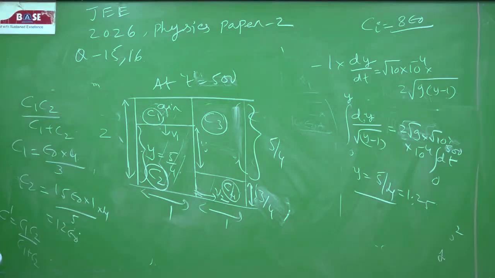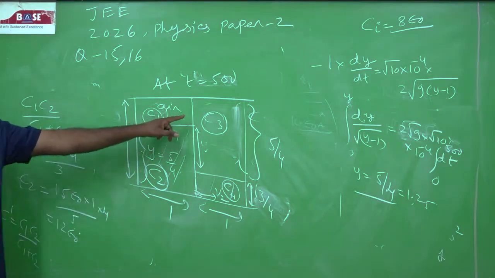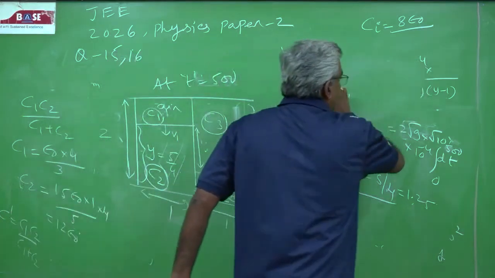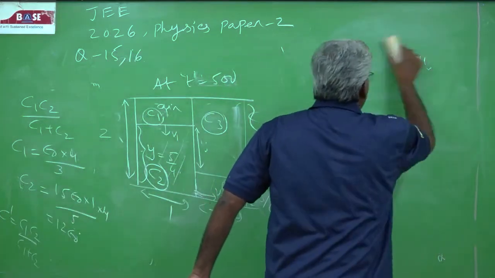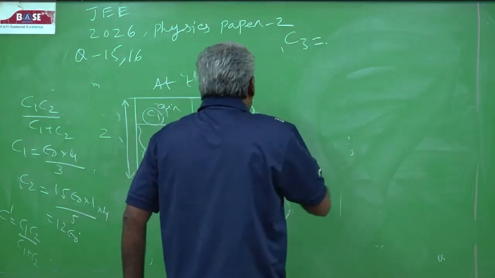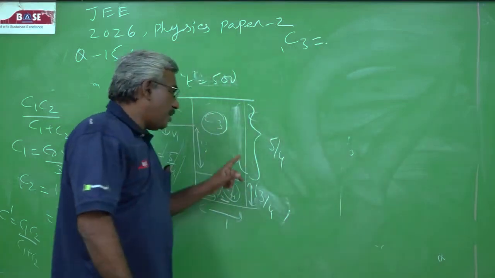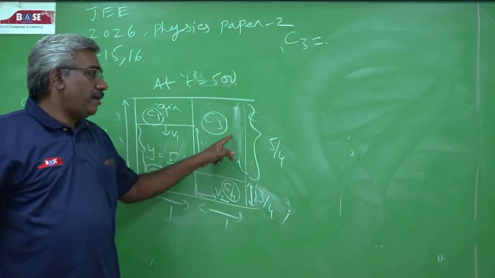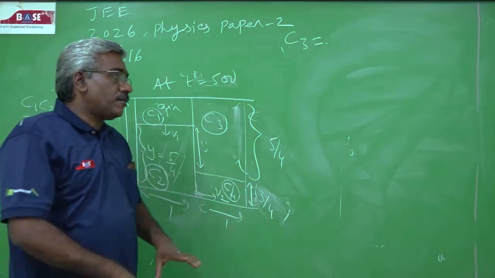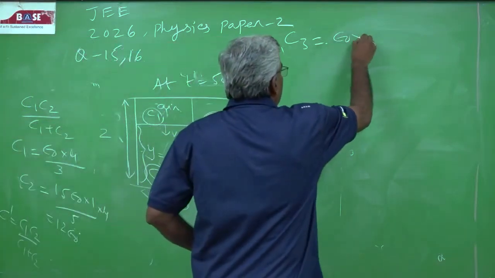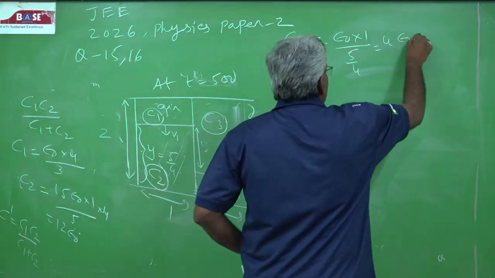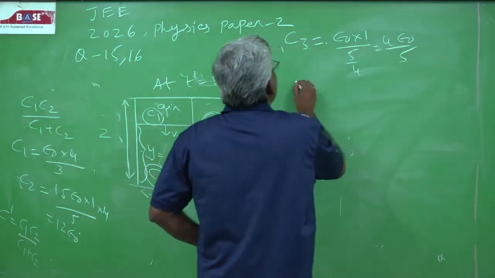Keep this aside. Now C3 is nothing but air capacity, epsilon naught A by D. Area is 1, D means it is 5 by 4. So epsilon naught into 1 by 5 by 4, this is 4 epsilon naught by 5.